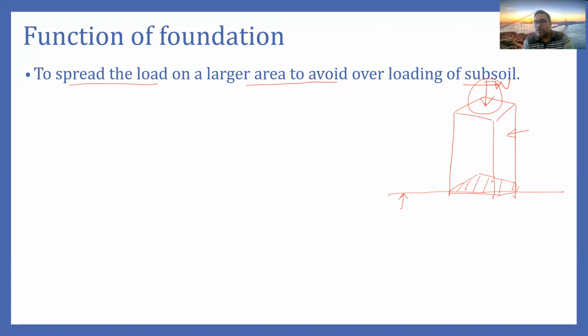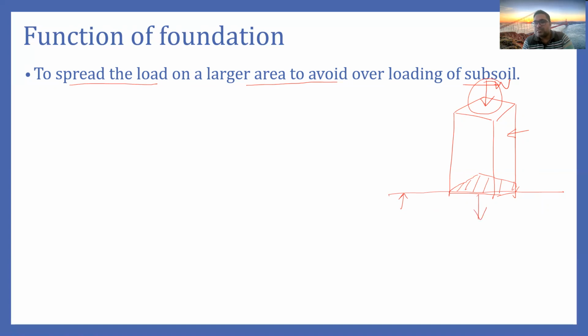So in that case what happens, when this much load is transferred to the soil, and because the area of cross section of the column at the ground level is the same, because of this load the column may sink into the soil.